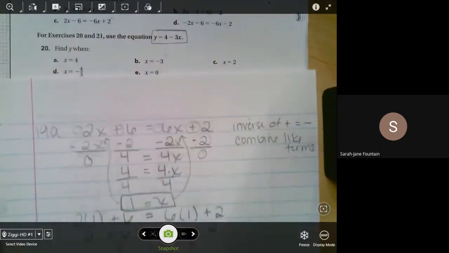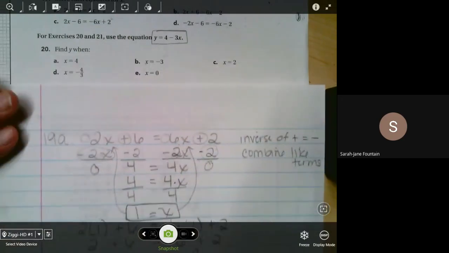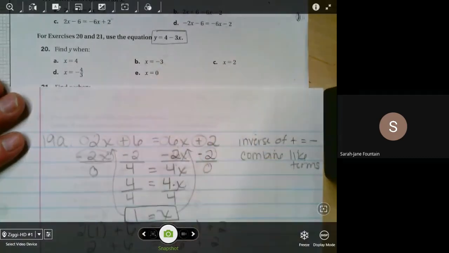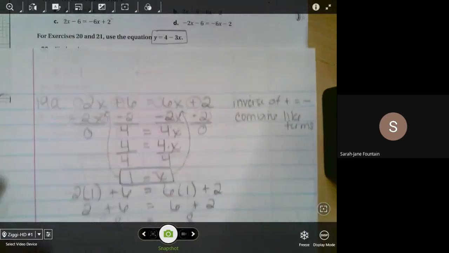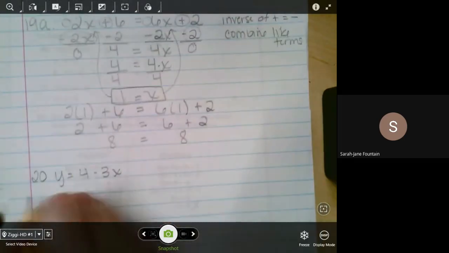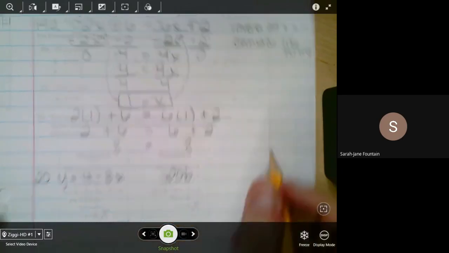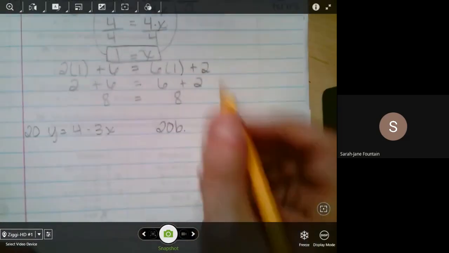So what I'm going to do is I'm going to write this down. So y equals 4 minus 3x. So I'm going to figure it out when x equals -3. So this is 20b. When y is -3. Sorry, when x is -3, my bad.